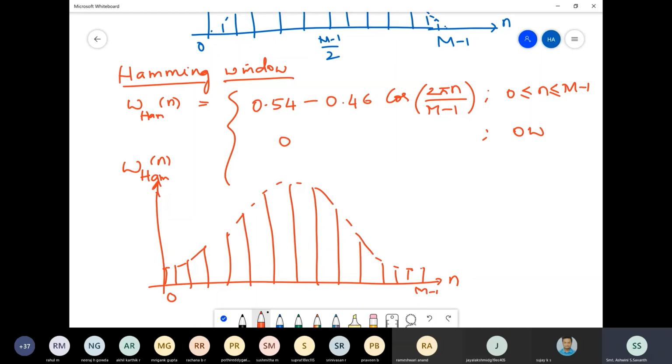This window is generally used in speech processing applications. So all these equations, like I told you, have to be remembered.